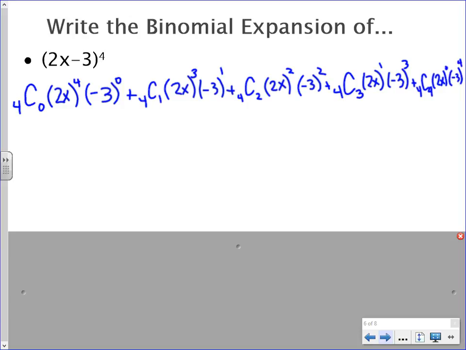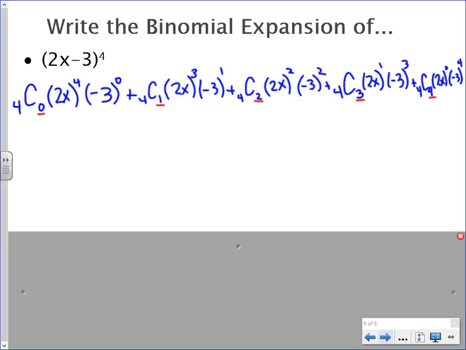Now before you begin multiplying things out, I want you to notice a couple things about this pattern. The number that I'm highlighting in red, what does that match in each of the terms? The exponent on that second piece.